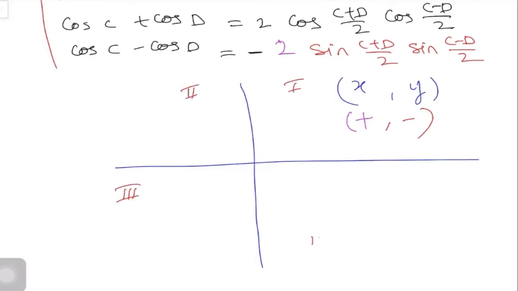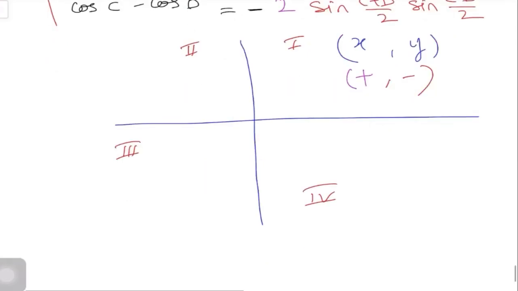In the first quadrant all are positive. In the second quadrant, x-axis is negative and y-axis is positive. In the third quadrant all are negative points. In the fourth quadrant, positive and negative points.